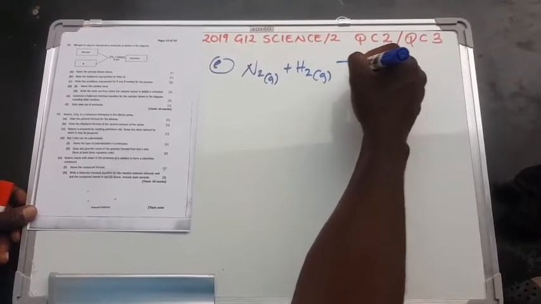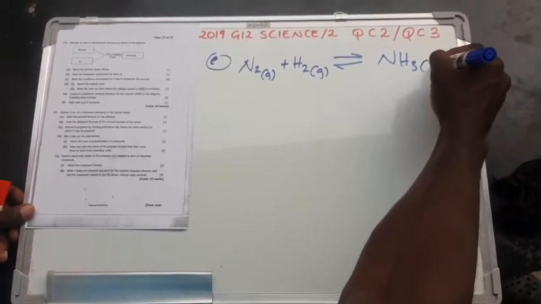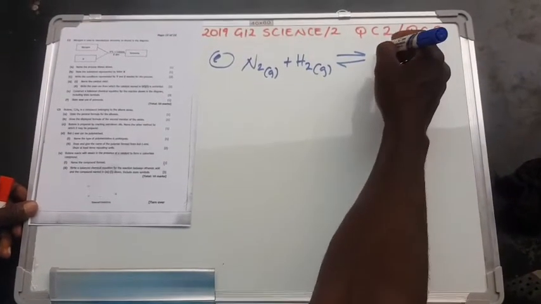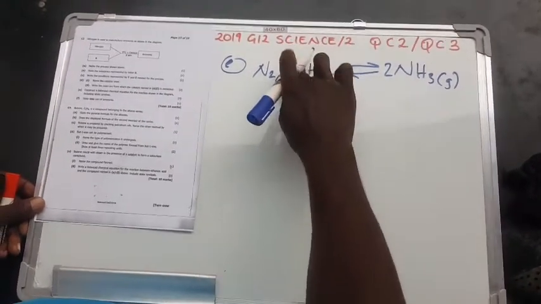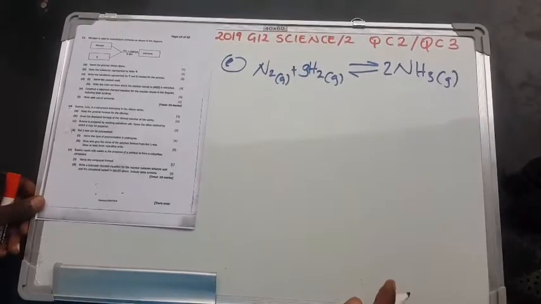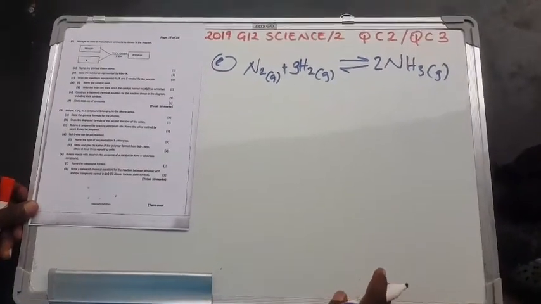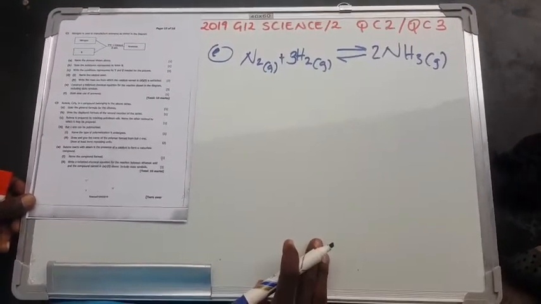This is a reversible reaction, forming ammonia as a gas. So we've got 2 ammonia there, and we have 3 hydrogen molecules in front there. That's making 6. So we've got 2, 2, 6, 6. So the reaction is balanced.